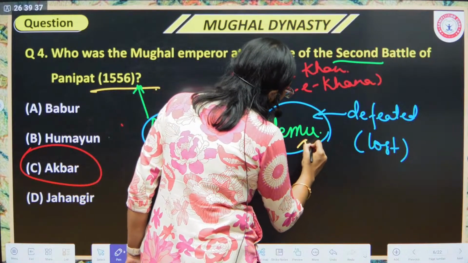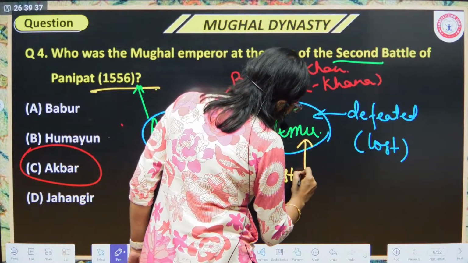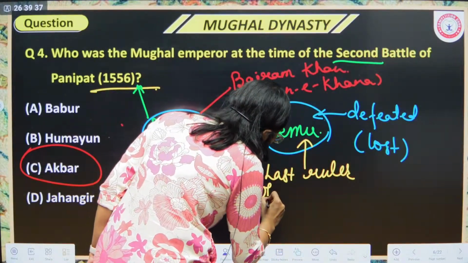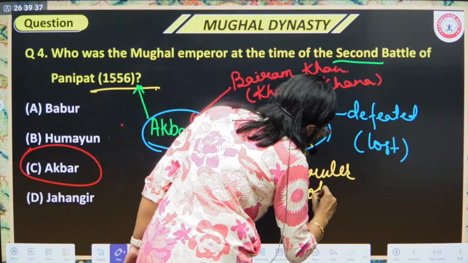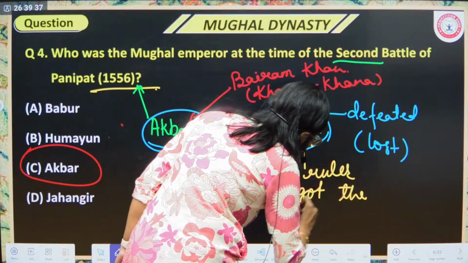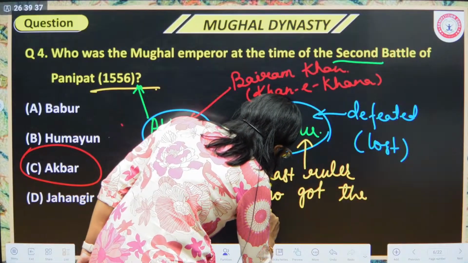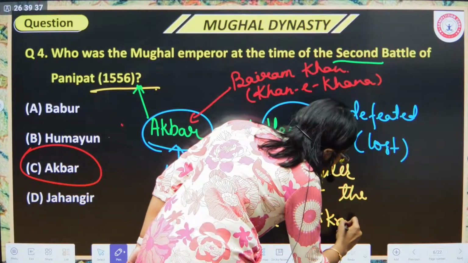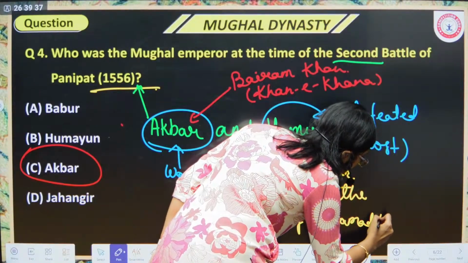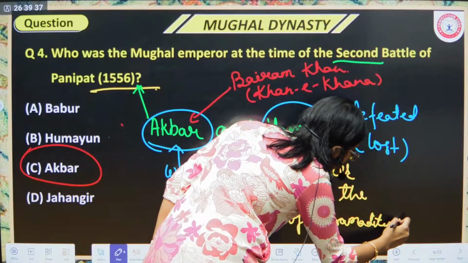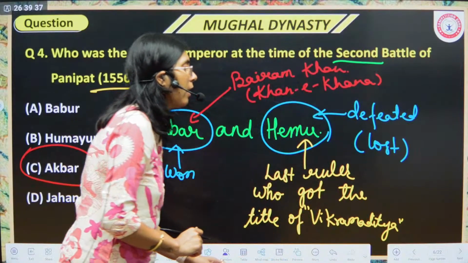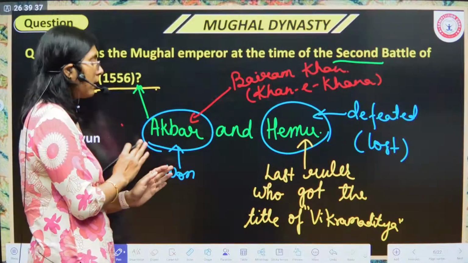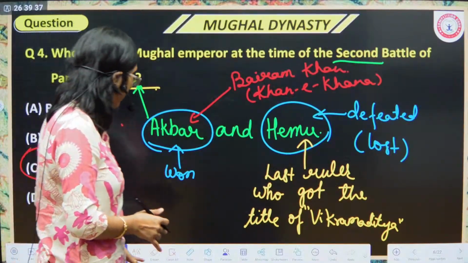Hemu was the last ruler who got the title of Vikramaditya. Okay? Who got the title of Vikramaditya? Hemu was the last ruler who got the title of Vikramaditya.